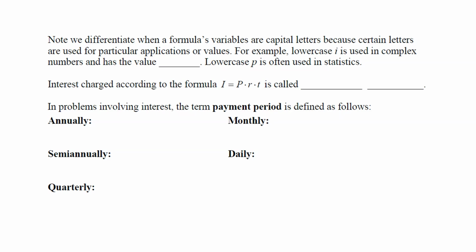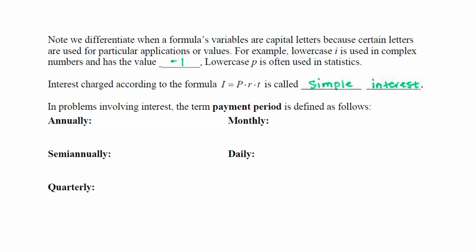Lowercase p is often used in statistics. So a tip here for you is just to pay attention to whether variables are uppercase or lowercase in formulas because they mean different things in mathematics. So the interest charged according to the formula I equals PRT is called simple interest.